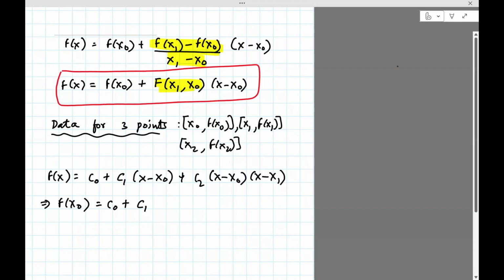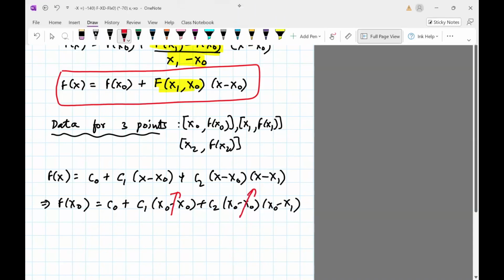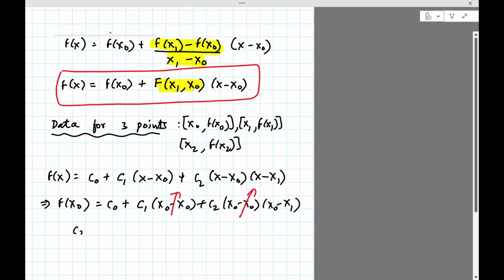And here's the interesting thing. You'll see that the second and third terms are actually 0. So what we've obtained is c0 equals f of x0.